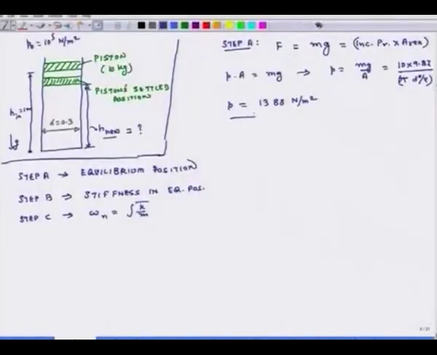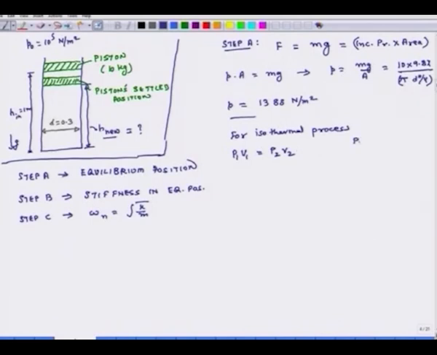Once it is an isothermal process, I can use the relation P1 V1 equals P2 V2, and from that I can find my new volume. For an isothermal process, P1 V1, where P1 is the initial pressure, the total initial pressure, not incremental pressure, and V1 is the initial volume, is equal to the final pressure times the final volume.